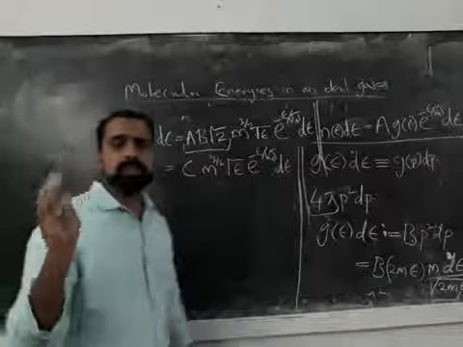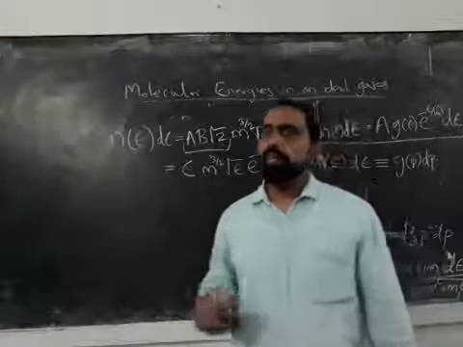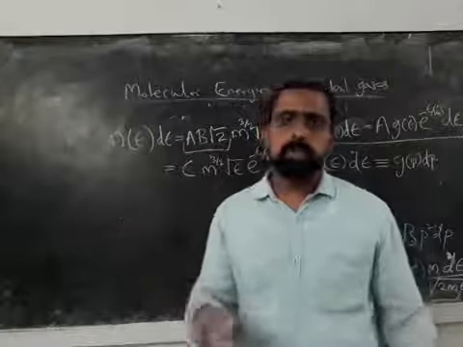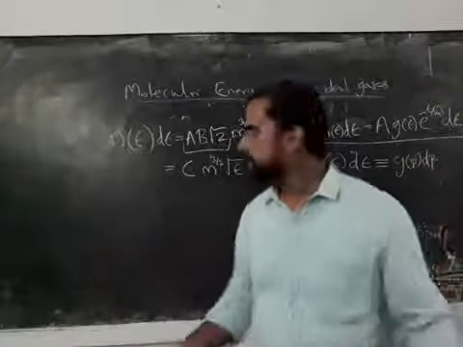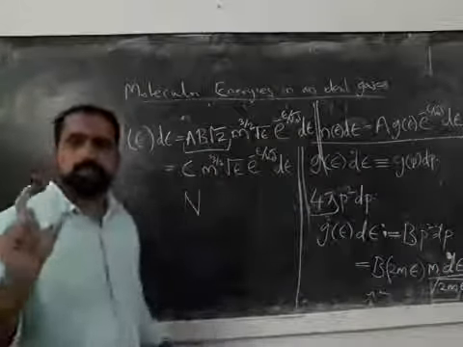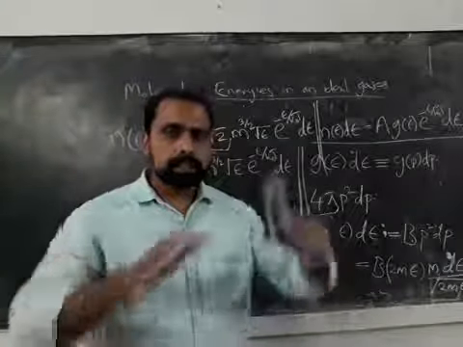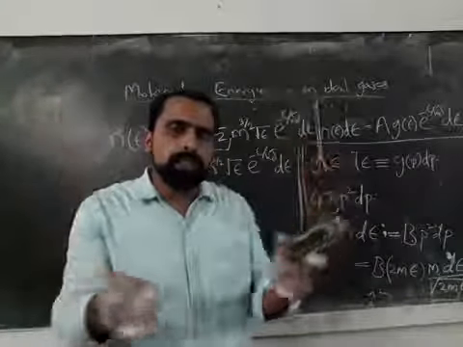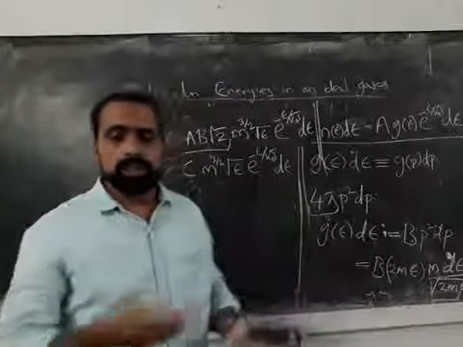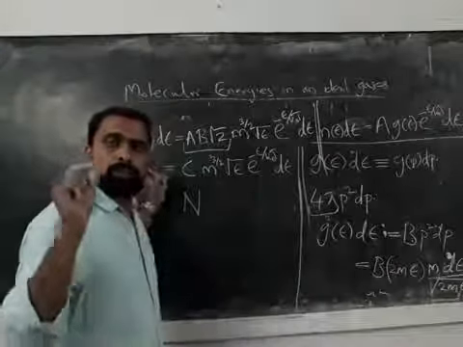So how do we find the constant c? That is very easy, because we considered the total number of particles to be capital N. Whatever the energies may be, the total number of particles in the system is capital N. So we can simply integrate this from 0 to infinity.